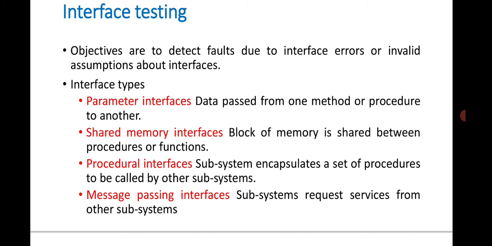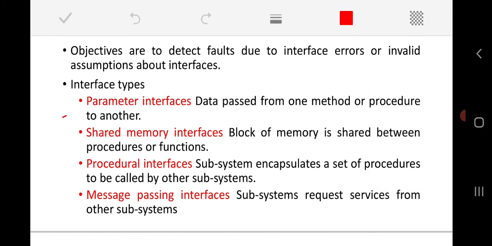The very first one is the parameter interface, which is the data passed from one method or procedure to another, or the parameters we pass from one function to another. Especially if you are writing a C program using functions, hope all of you have come across parameter passing in functions, from actual parameters to formal parameters and all such things. That is called the parameter interface.